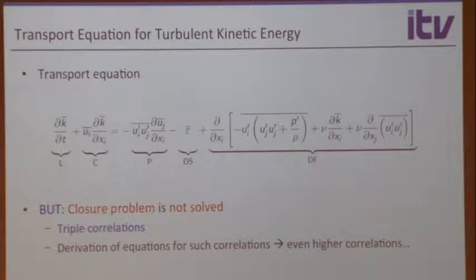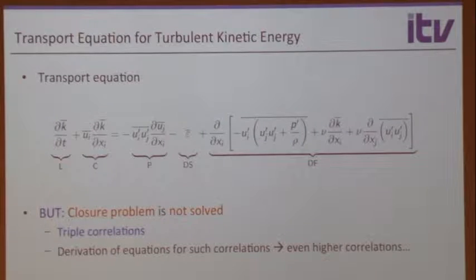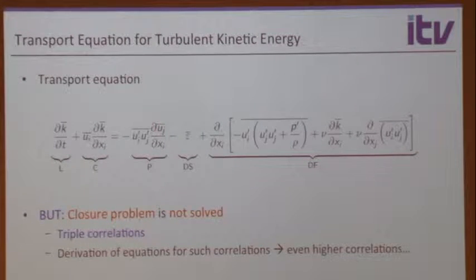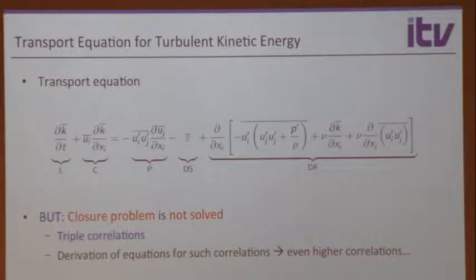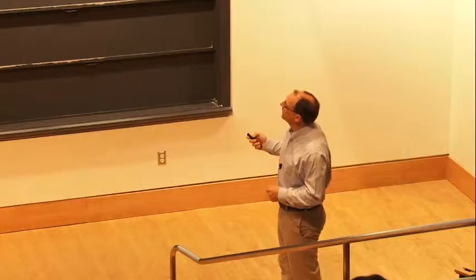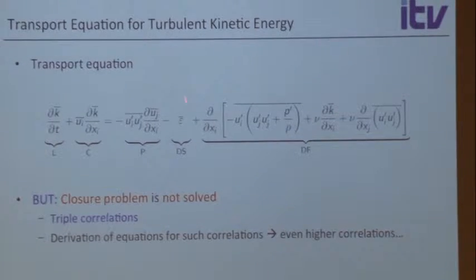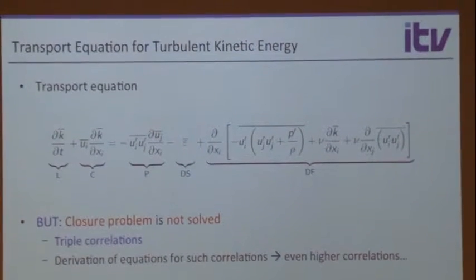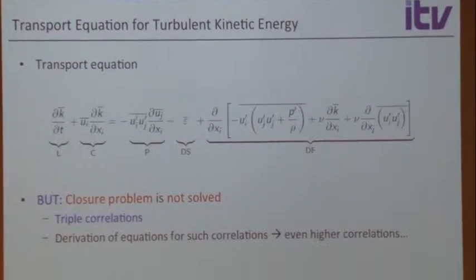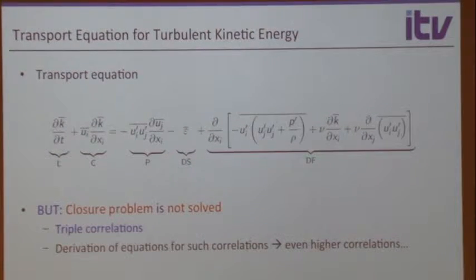This is production of turbulence, and this is dissipation of turbulence. We said production is where turbulence draws kinetic energy from the mean flow, and at the very smallest scales, where the gradients are highest, the dissipation takes out the turbulent kinetic energy.